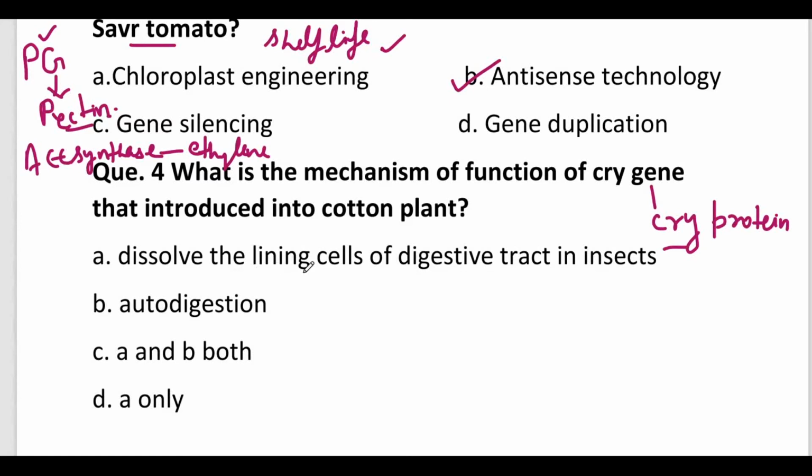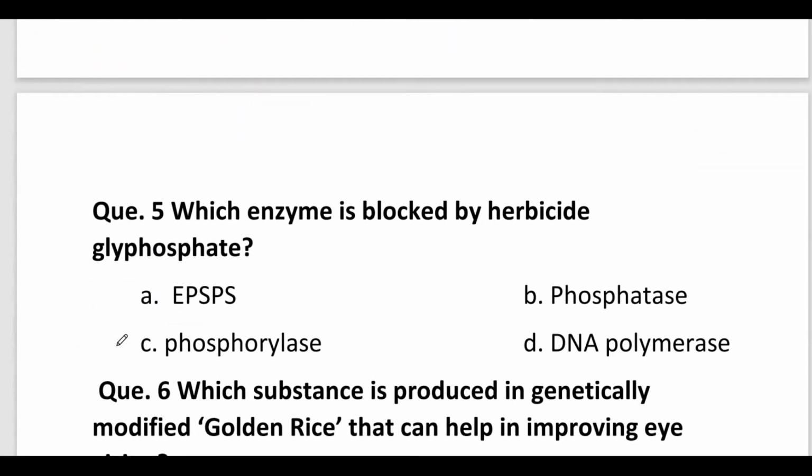It binds with the epithelial cells of the midgut in the insect, and it is responsible for dissolving the lining of the digestive tract in the insect. Or secondly, this phenomenon is represented by autodigestion. So the correct answer will be C, A and B both.